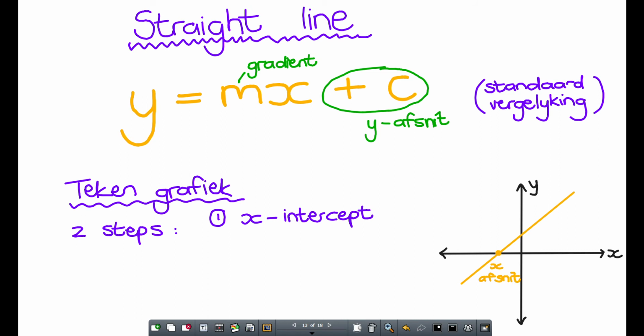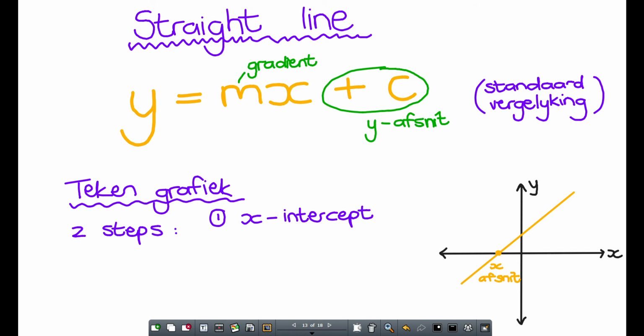Okay, now, what I want you to remember is, on that x-axis, what would the y value always be? 0. Nee, so die maklikste manier om jou x-afsnit te gaan kry is, gaan maak vir y 0.